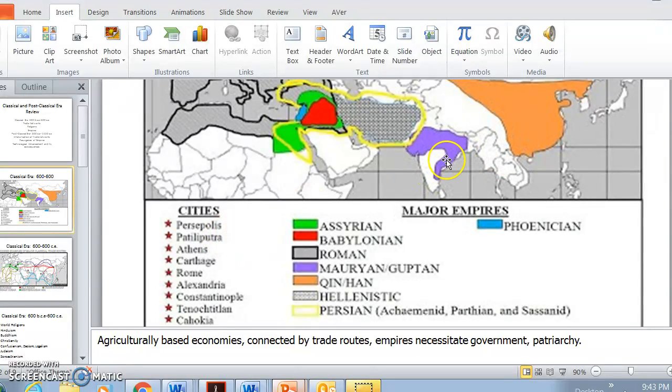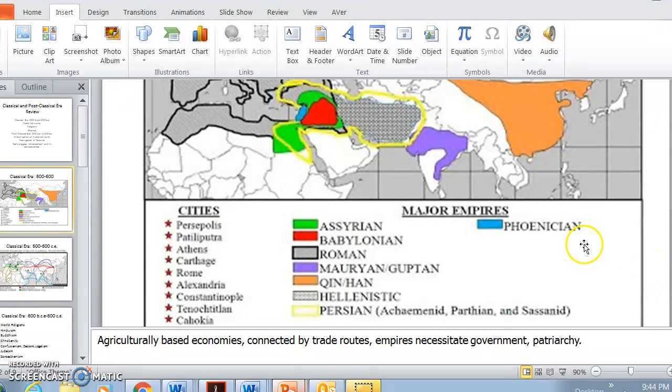Pataliputra is the capital city of the South Asian empires, especially the Mauryan. Persepolis is the capital of the Persians, and Athens, the major city of Greece, and Rome, of course, right here, not listed on the map, but just right in here where the mouse is. That's the city-state of Rome, which is the center of the Roman Empire.